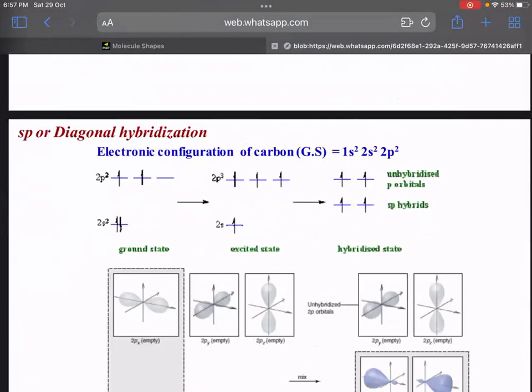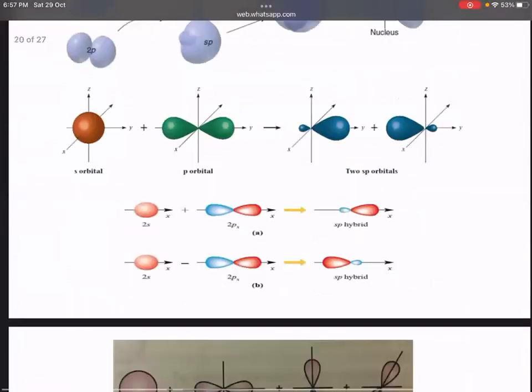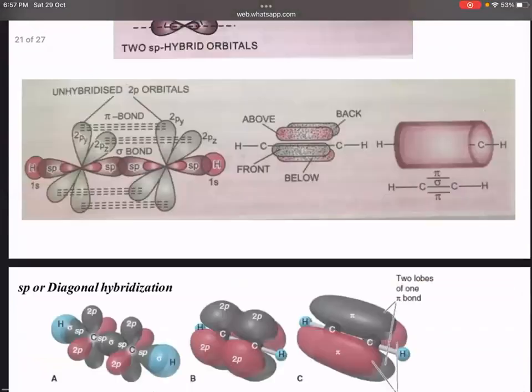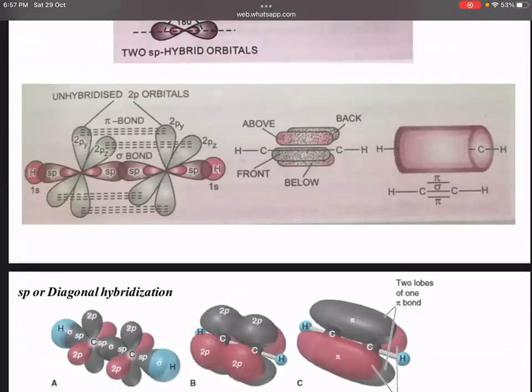So in this picture, it's clearly shown that 2py and 2pz overlapping will form the pi bonds. The py will form above and below, and pz will form front and back. So in the middle we have this. So the pi bonds are in a circular manner.